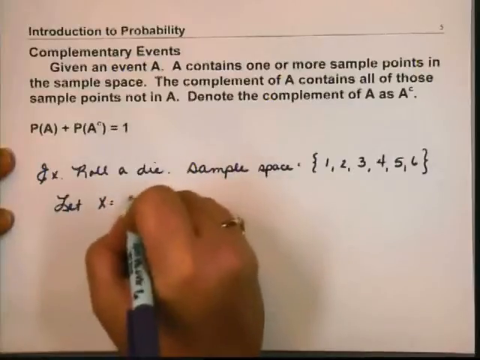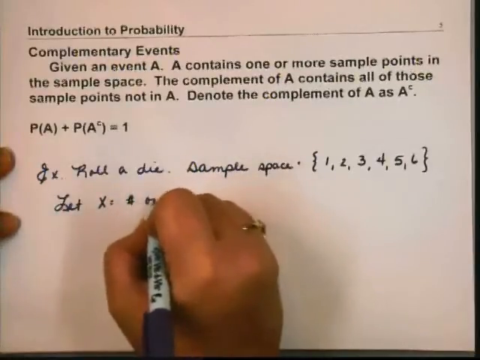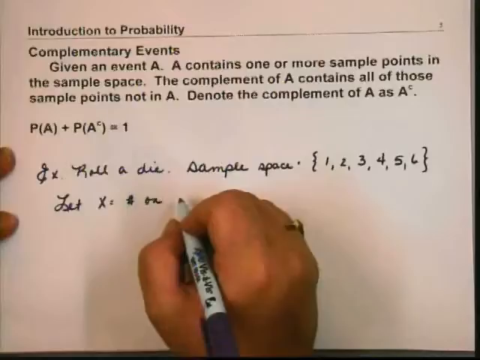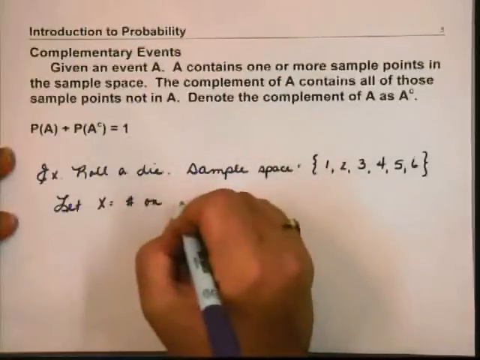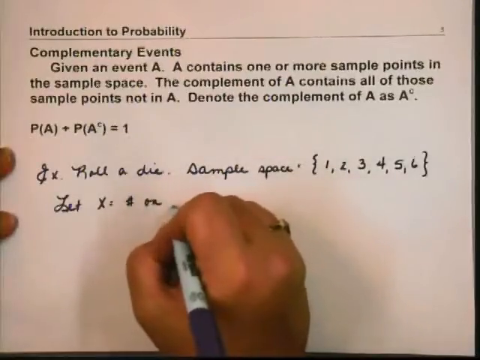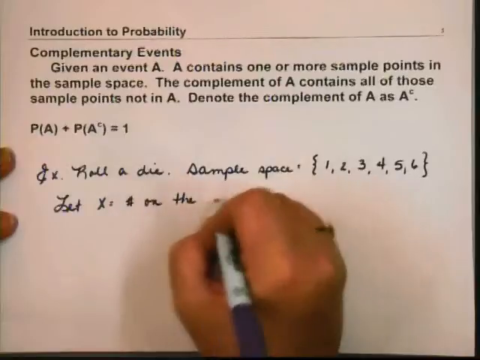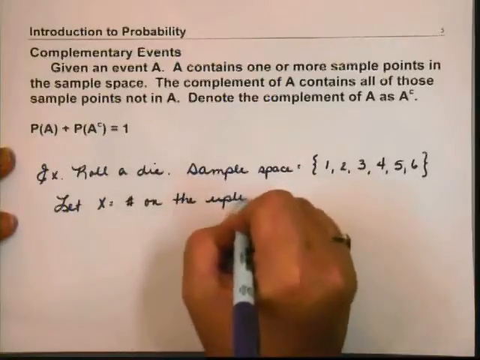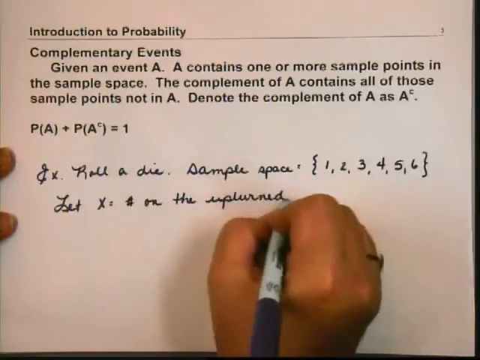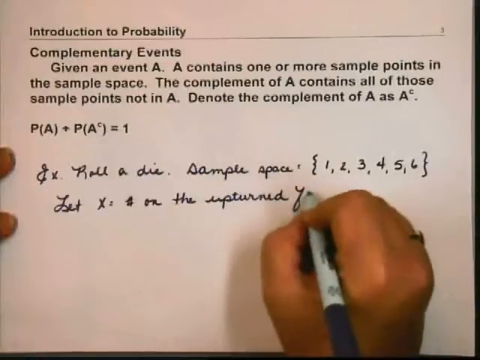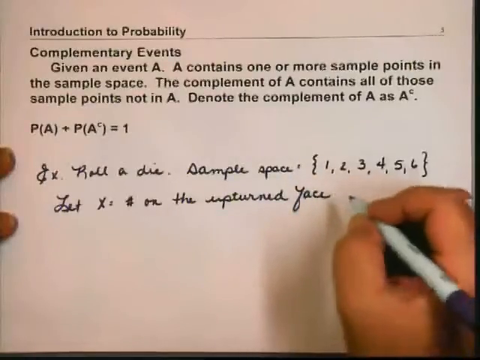Let x equal the number on the upturned face. We'll look at a way we can define the random variable to be something different than that. Let x equal the number on the upturned face, or surface of the cube.